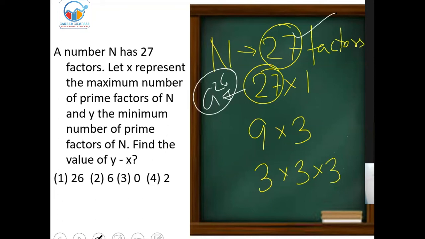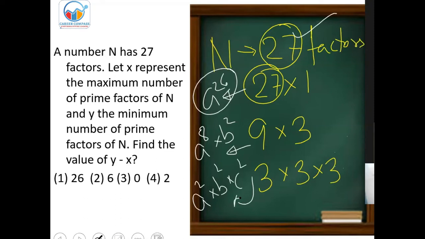Consider a number which looks like a to the power 8 into b square, which corresponds to the second situation, where the number of factors will be 8 plus 1 into 2 plus 1. Look at the third situation, where I can express n as a square into b square into c square. Then the number of factors will be 3 into 3 into 3.